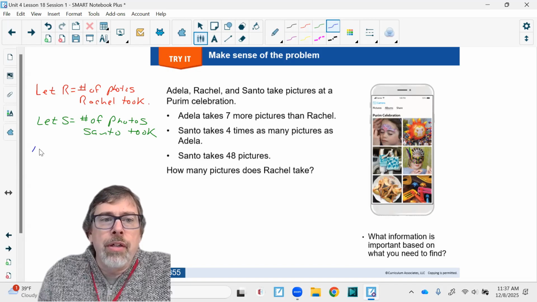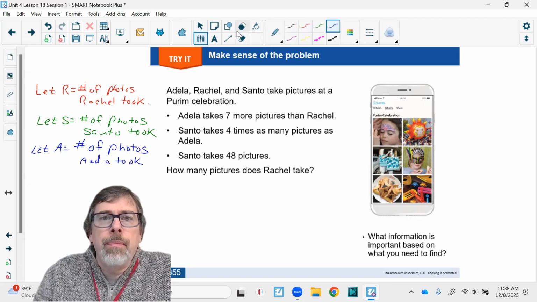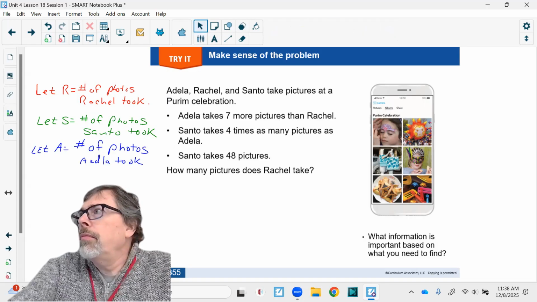Adela. So we're going to let A equal number of photos Adela took.